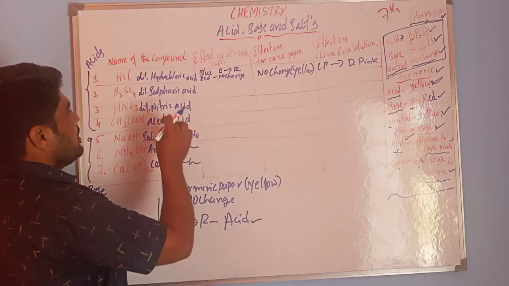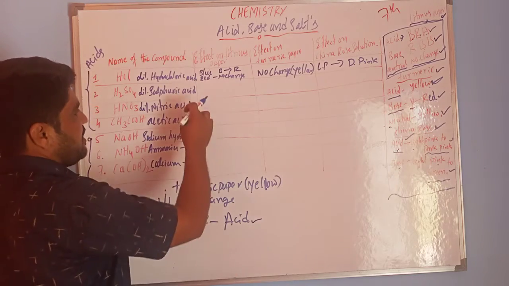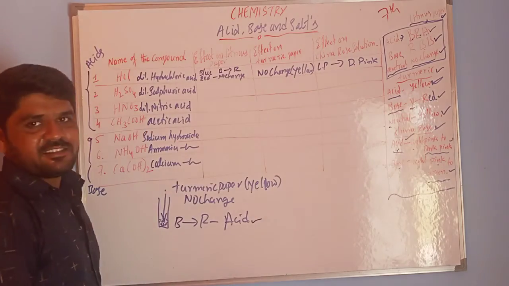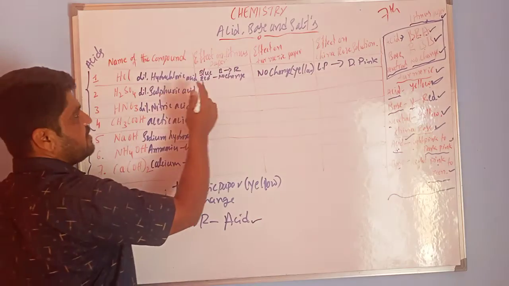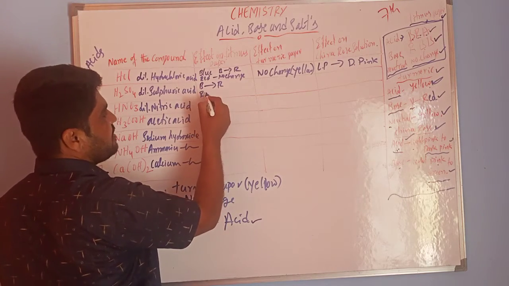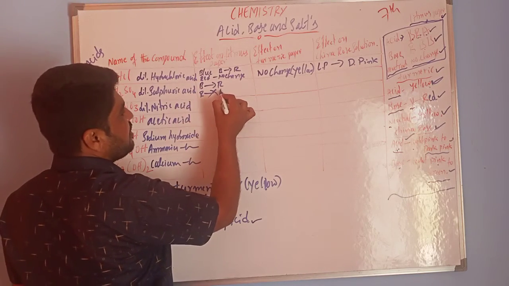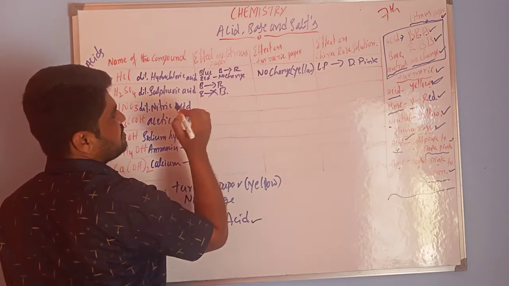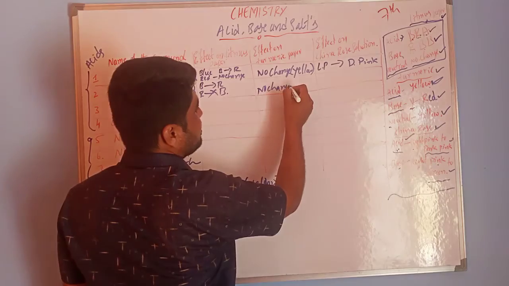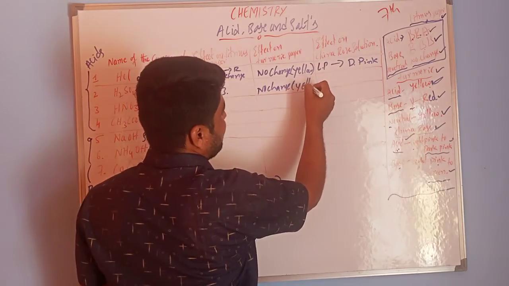Next, sulfuric acid. All acids carry the same answer. With sulfuric acid, blue changes into red color and red does not change into blue. For turmeric there is no change, that means yellow color remains.